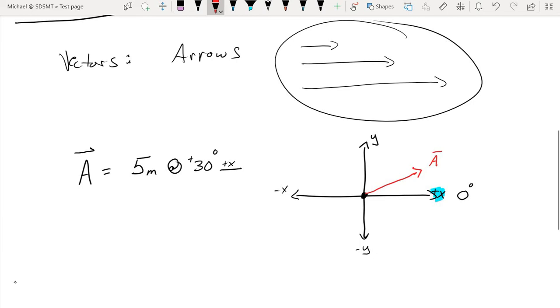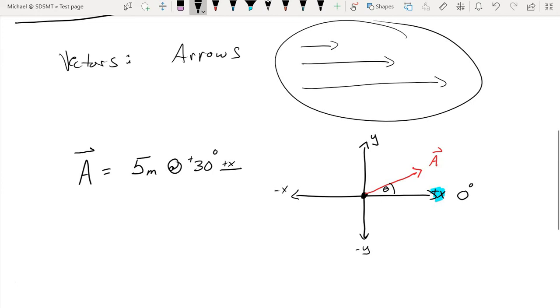I'm assuming that this line here is approximately 5 meters long with respect to the reference frame, and then we have our angle of 30 degrees with respect to the positive x-axis. So that's what vector A looks like.